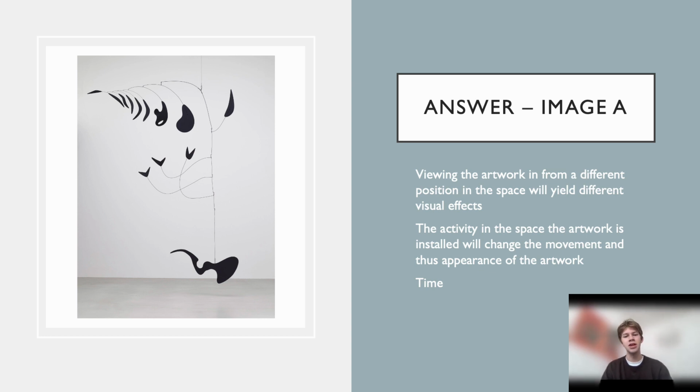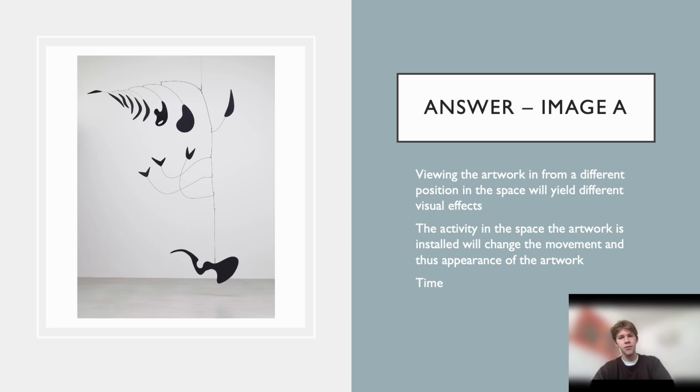So you have to think about how this artwork exists in its gallery space, and in that it's not a static artwork, there are going to be different views of it depending on the time in which you view it. So that's how I would talk about this artwork in response to the space in which it sits.